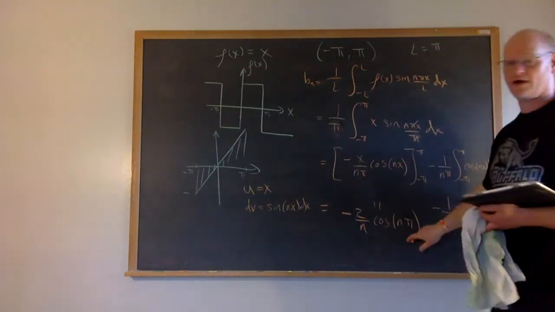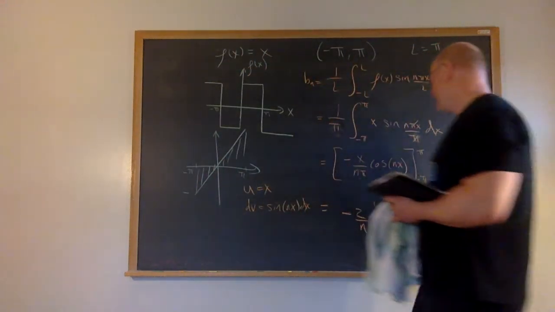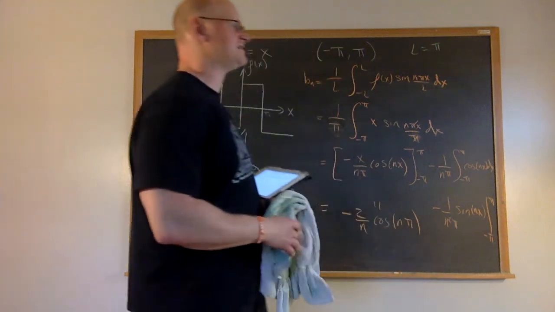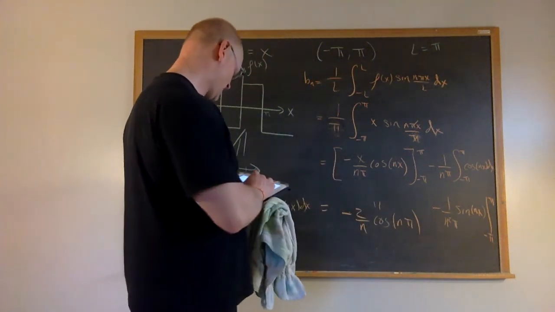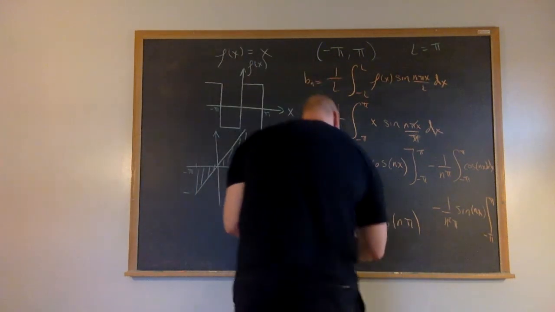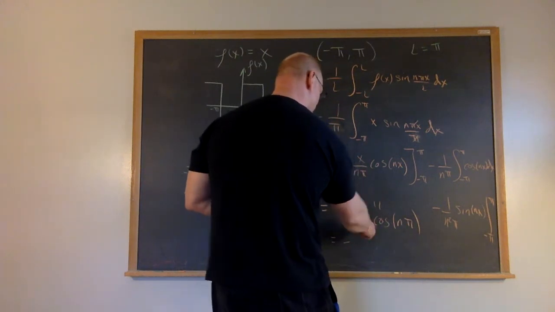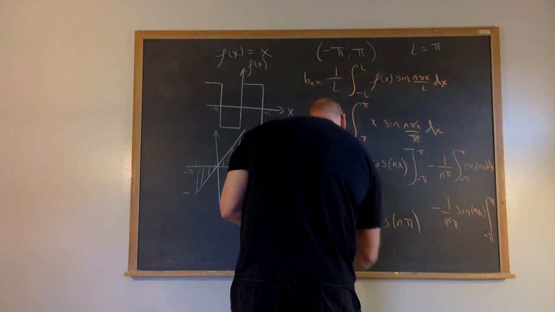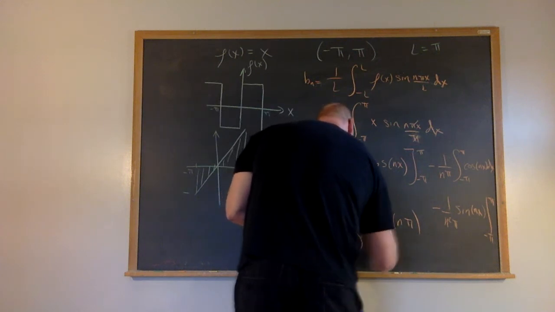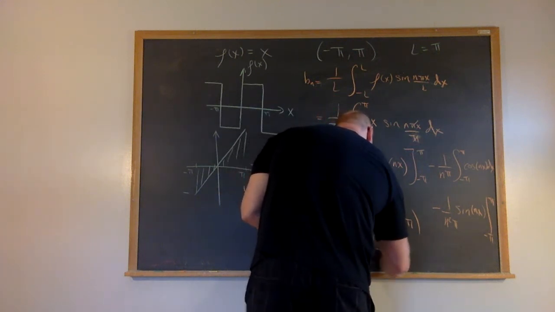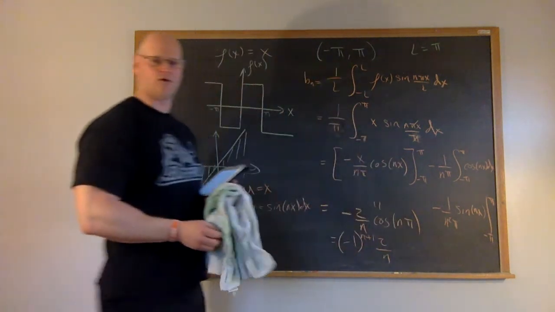So this thing is actually either going to be plus or negative 1, depending on the value of n. Okay? And again, since I'm starting off with n equal to 1, I'm going to bring in that original minus sign from here, so this is going to be equal to negative 1 raised to the n plus 1 times 2 divided by n. So this is my coefficient bn.